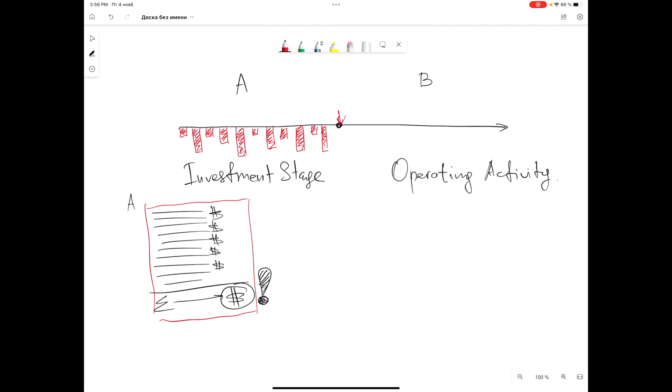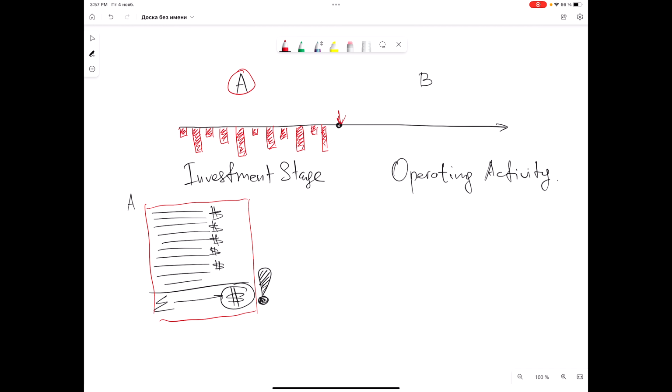So this is quite a big surprise for them. So the amount of financing that you need to start the business consists, first of all, of these expenses during the investment stage.